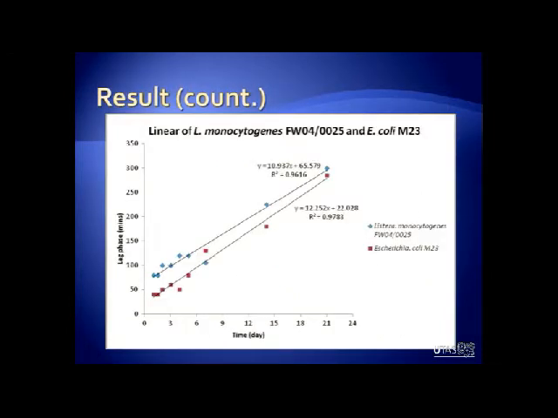The results showed that as the population aged, lag phase increased linearly for both of these two bacteria. The two strains' lag phase durations were very similar across the spectrum of young to old cells.